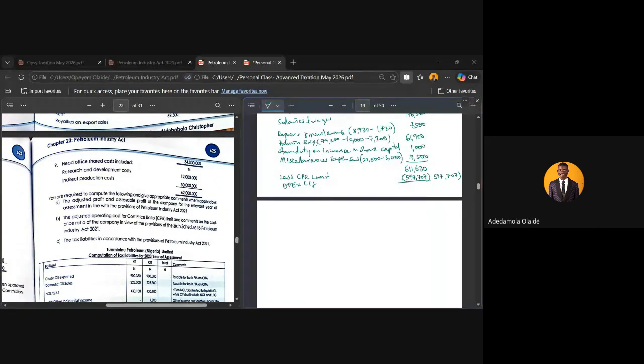What we are carrying forward is 13,923. So with all of that, the difference here we refer to as the adjusted profit of the business.